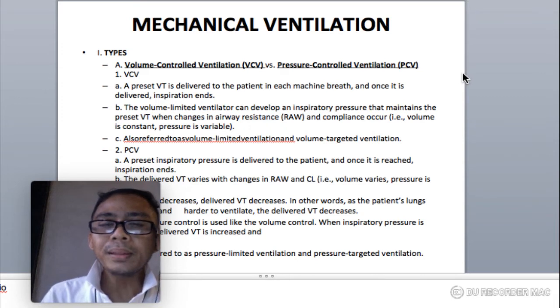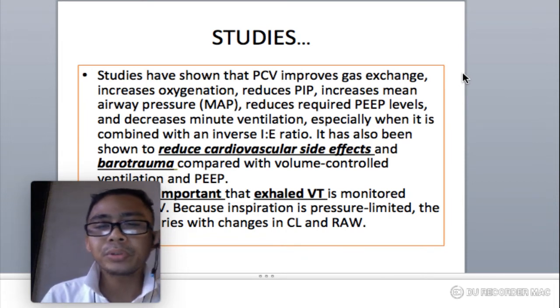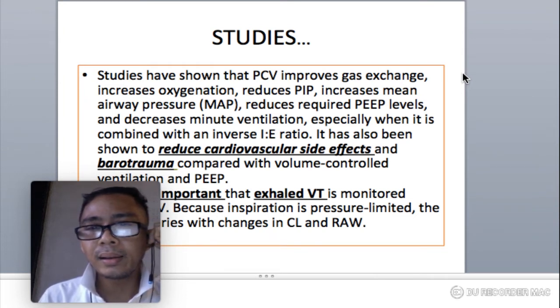The pressure control ventilation can help in terms of lung compliance. Studies have shown that PCV improves gas exchange in cases like ARDS because it reduces the cardiovascular side effects and barotrauma.